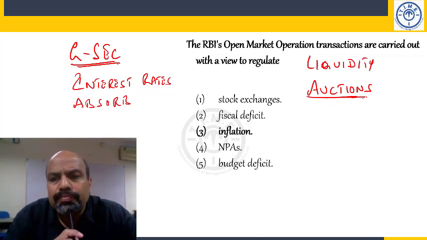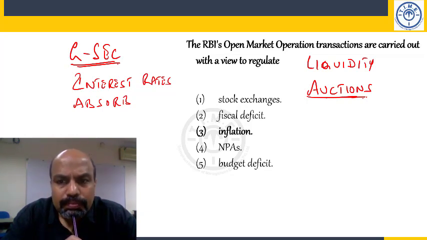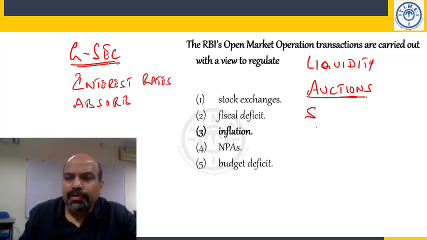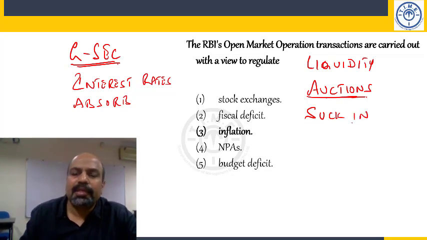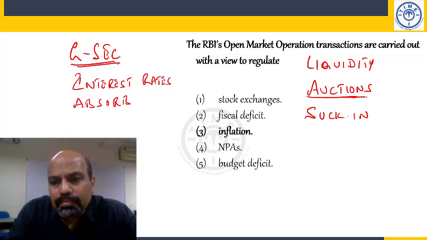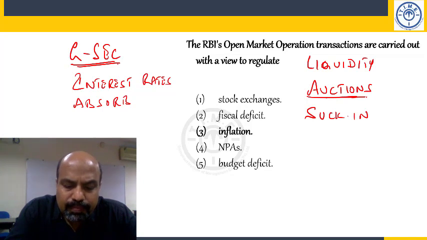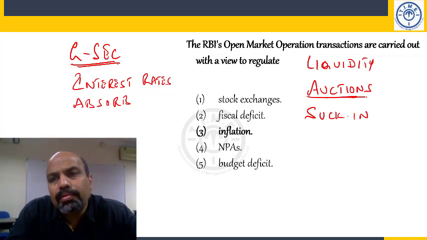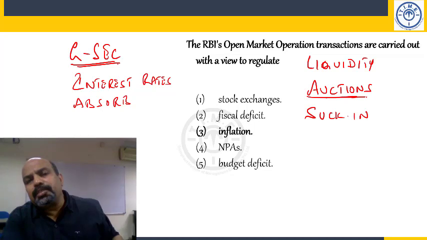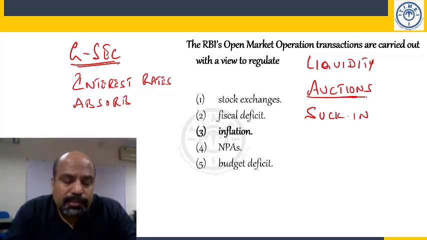Auctions. Full stop. Such a sale would suck in excess money supply from the economy. Full stop.